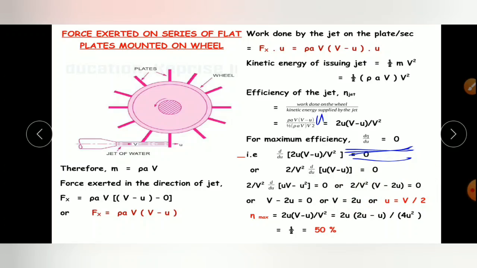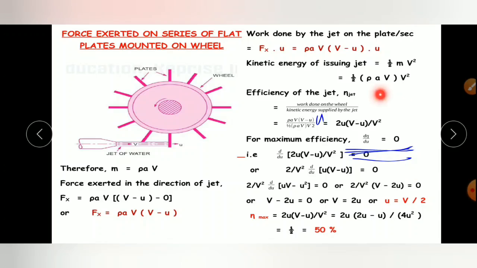We get 2U into V minus U by V square equals 2U into, in place of V, 2U minus U, by V square means 4U square, which is equal to 2U into U, 2U square upon 4U square equals 1 by 2 equals 50%. Therefore, efficiency in this condition equals 50%.